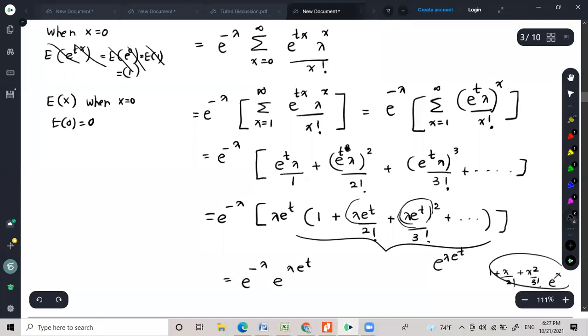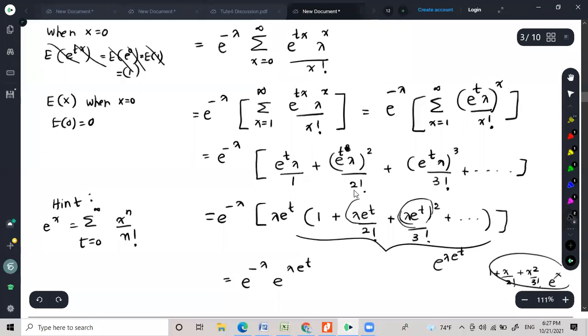Now, let me check whether the hint was given in the question. Yes, as a hint at the end of the paper, this hint was given, so you can use it here. E to the x is the sum from n going from 0 to infinity of x to the n over n factorial, right?